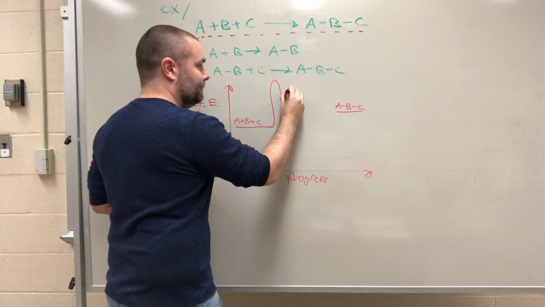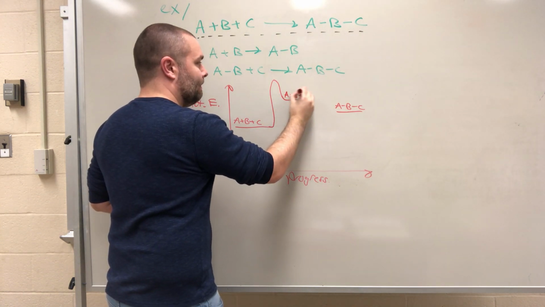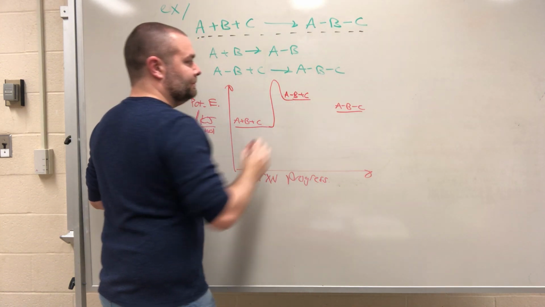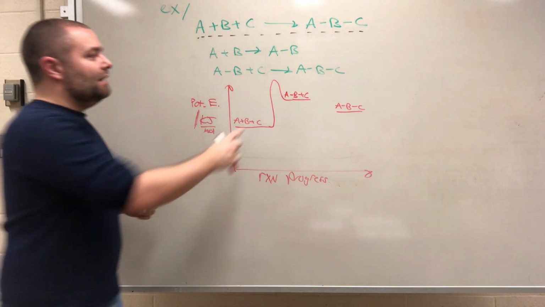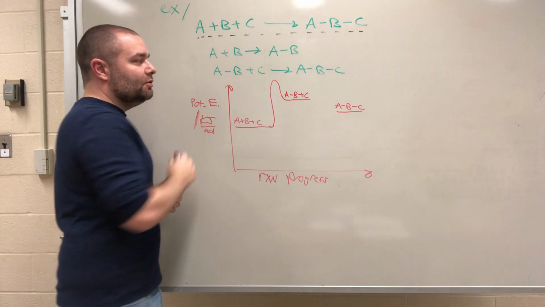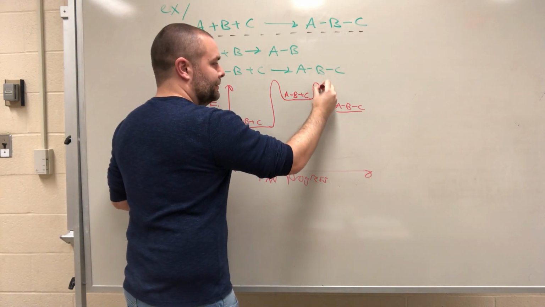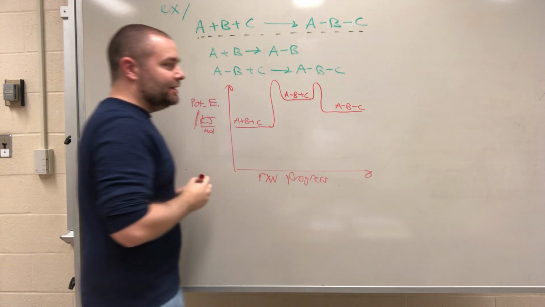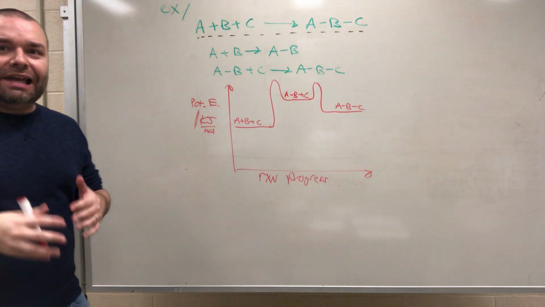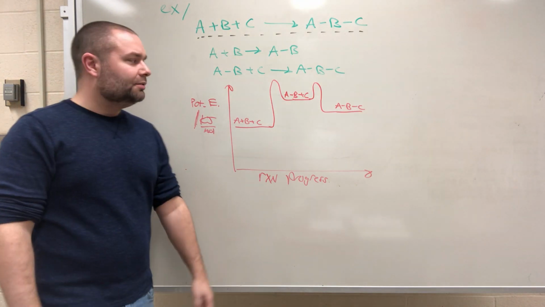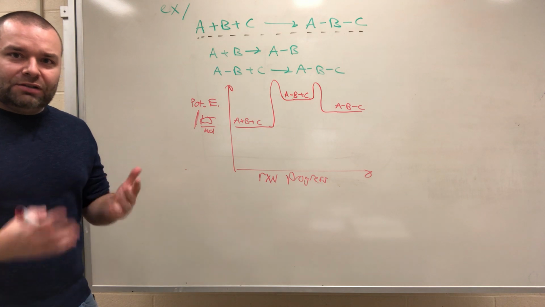So let's write that in there. Now when I have AB plus C, that final collision could happen. And when that final collision happens, then I can get to my products where A, B, and C are all attached to each other. One more time just to make sure you understand.